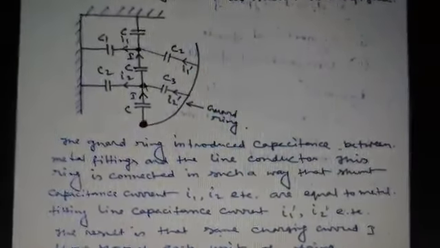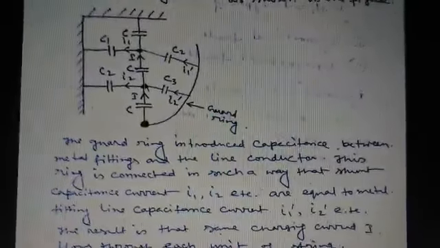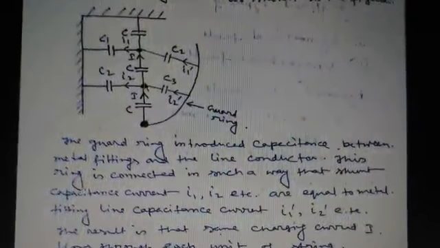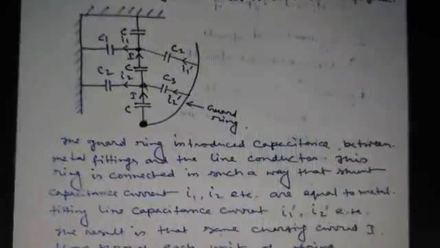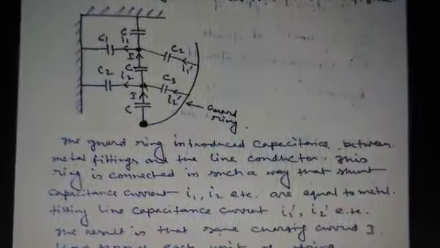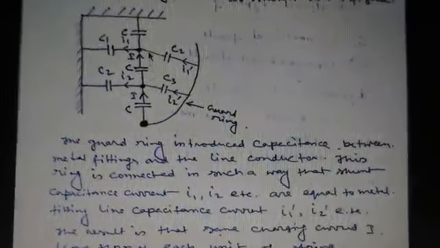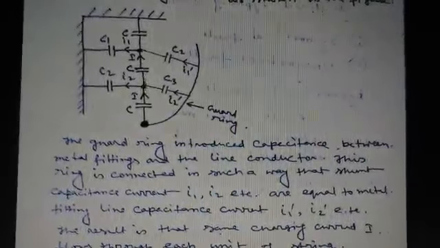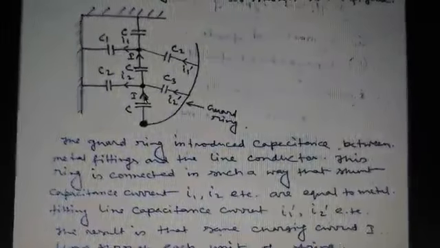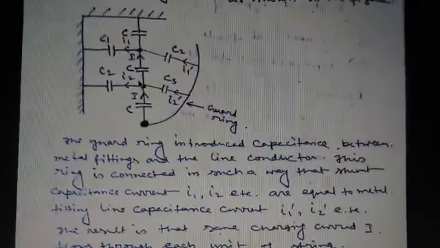And the result is that the same charging current I flows through each unit of the string. Consequently, there will be a uniform potential distribution across the units. So actually the value of current is I, but the current flowing through the insulator is I, which is the portion of I1, I2.